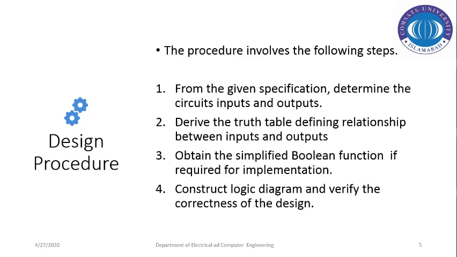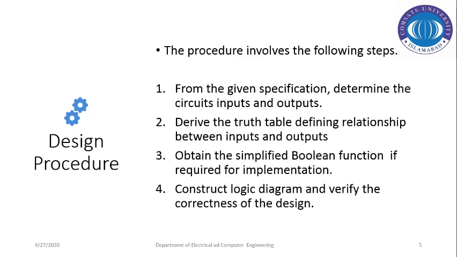So what are the basic inputs of the system, how should these inputs be processed, and what are the outputs? The first step is to identify the inputs and the outputs. Once we have identified them, we label the inputs and outputs with specific and unique names. The next thing is to describe the relationship between the inputs and outputs.